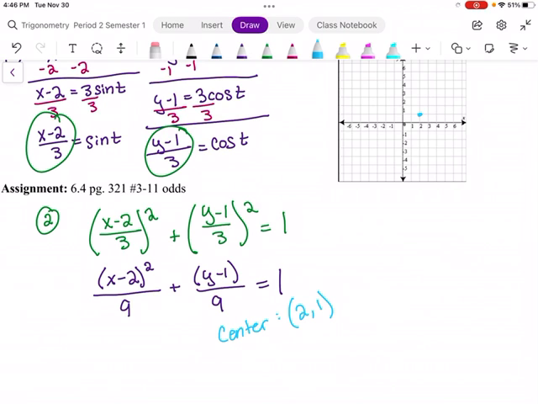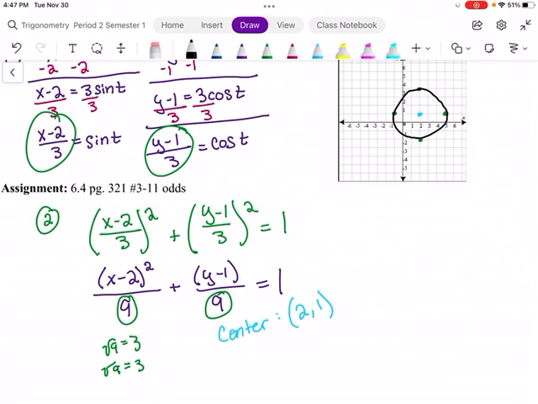okay, and this one is unique because when we find our major axis, you'll notice that if we take the square root of 9, we're going to get 3, which is our first denominator, and our second denominator is also the same. So that means instead of an ellipse, we actually have a circle. And the reason that this is a circle equation is because we could go ahead and multiply every term by 9.